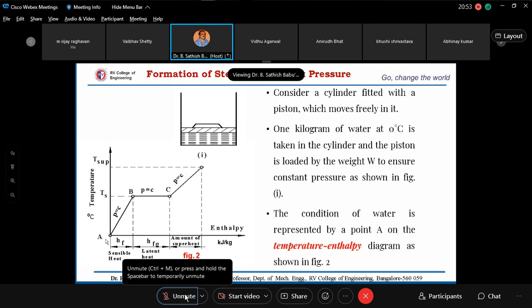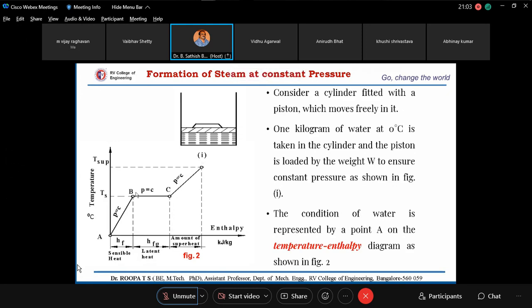Yeah, so then we have understood how this water, which is at 0 degrees centigrade, is converted to dry water at saturation temperature, that is the boiling condition, and the beginning of the formation of dry steam. And at point C, we had the dry saturated steam, and later on, we have the superheated steam, which is superheated to a predetermined temperature.